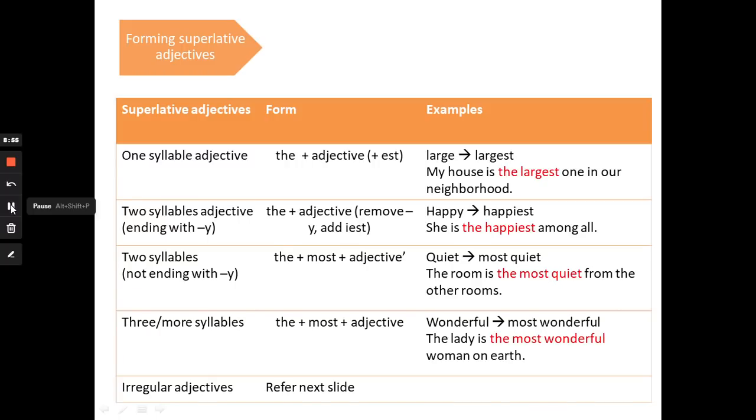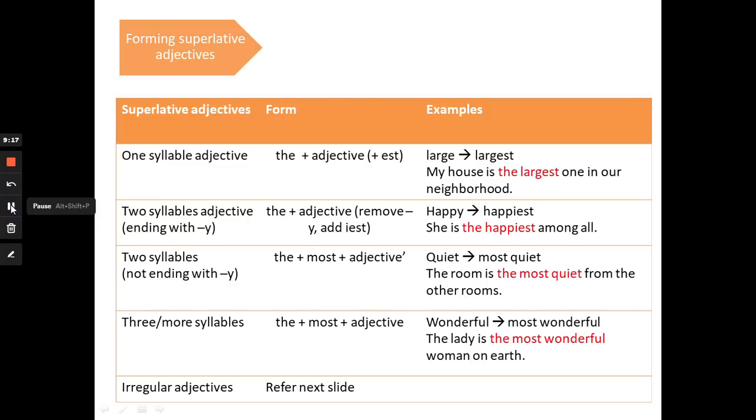Right? So here we talk about how to form superlative adjectives. Similar to comparative adjectives, superlative adjectives have their own rules. If you have a one syllable adjective, you need the, plus the adjective plus est.